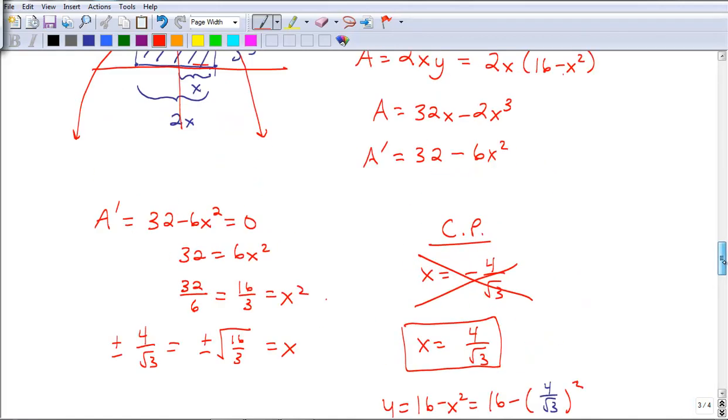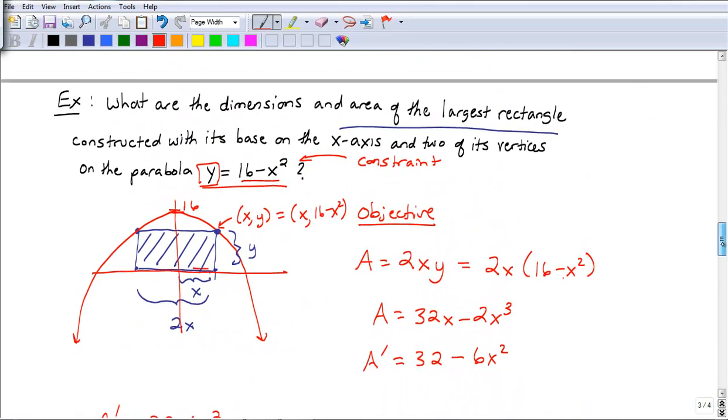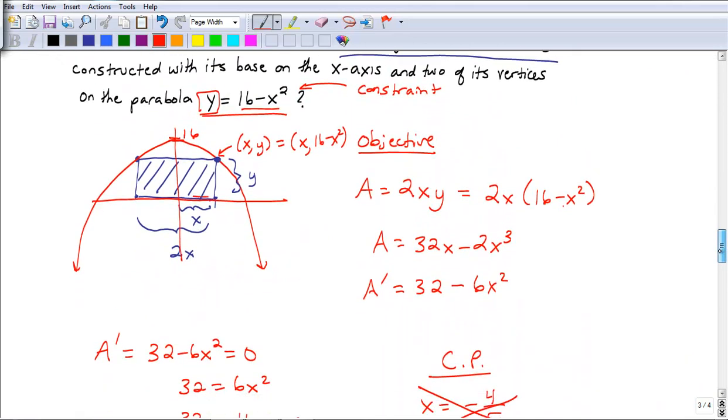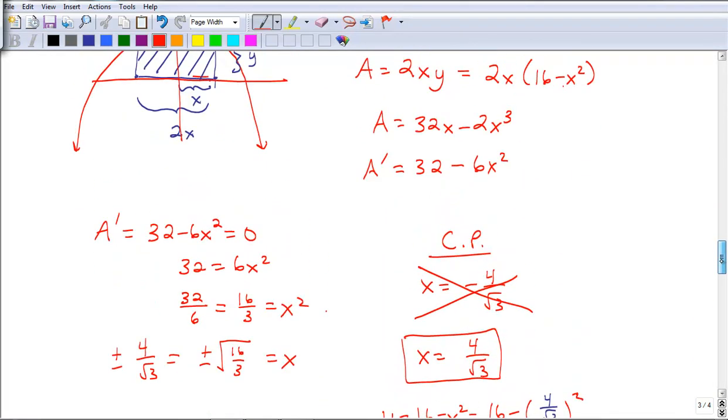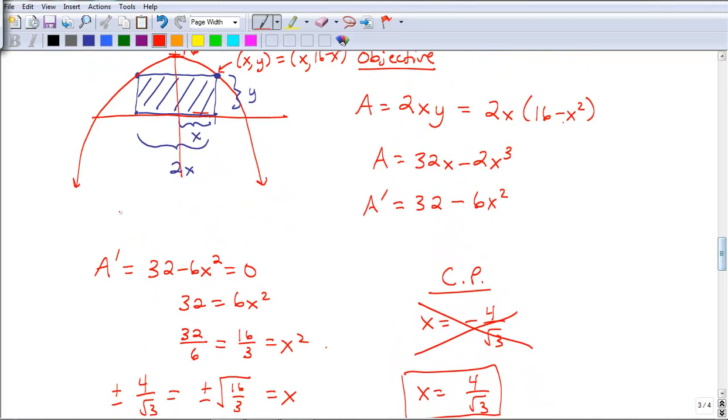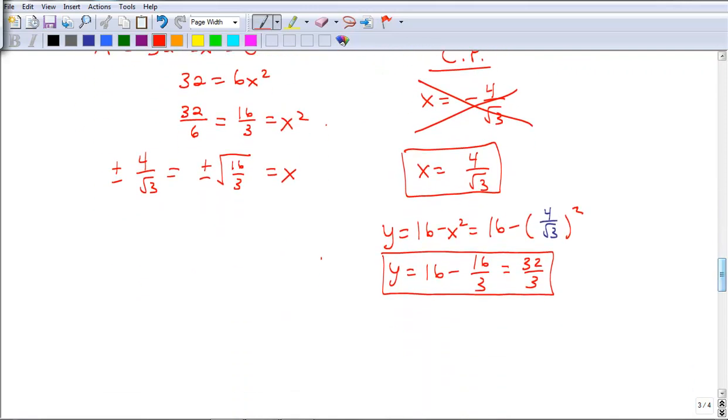So now I know the dimensions of the largest rectangle and the area. Remember, the width of this thing is 2x and the length is y. So if I want to find the width, that's going to be 2 times x, which is 8 over root 3.